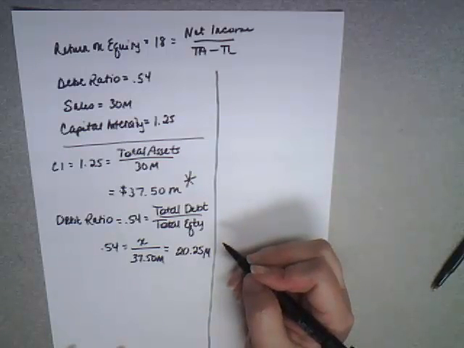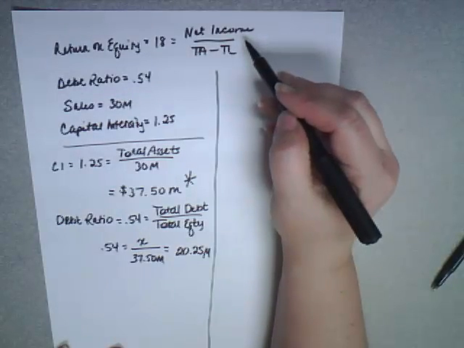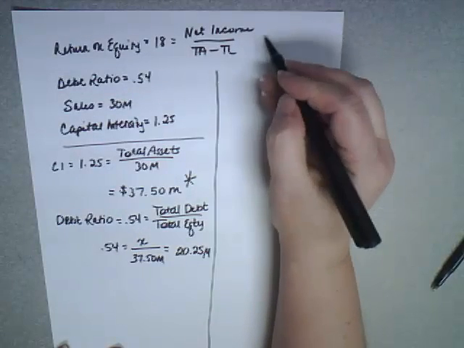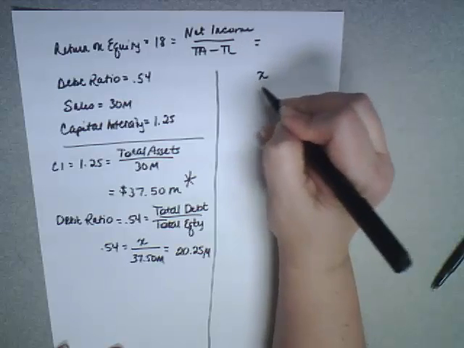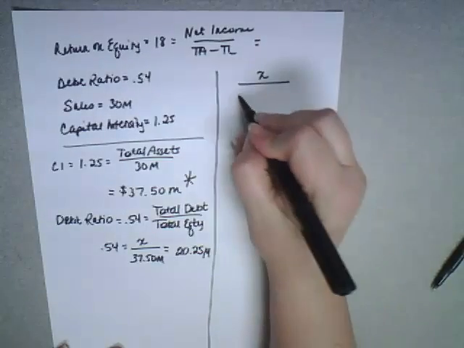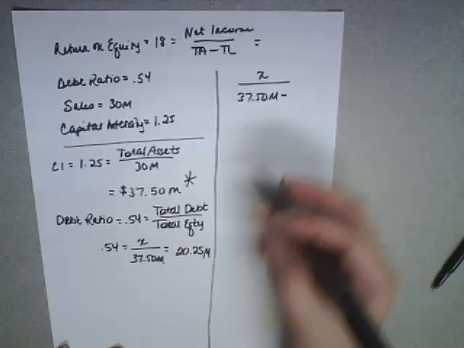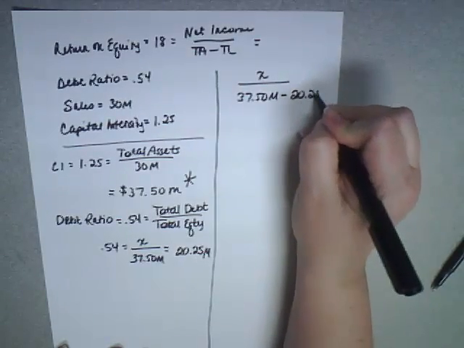Okay. Then when we come back up here to net income, we need to solve for net income. We know that our total assets are $37.5 million, and we're going to subtract our total debt of $20.25 million.